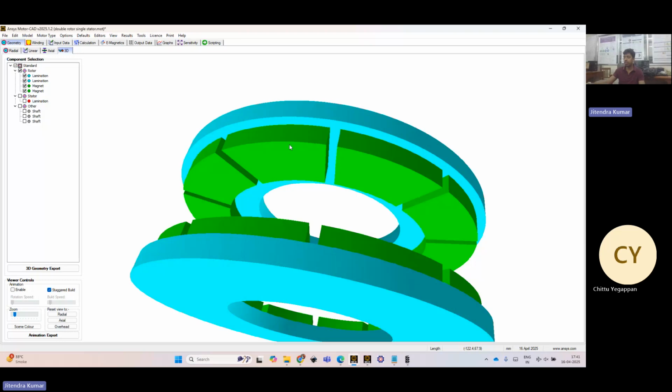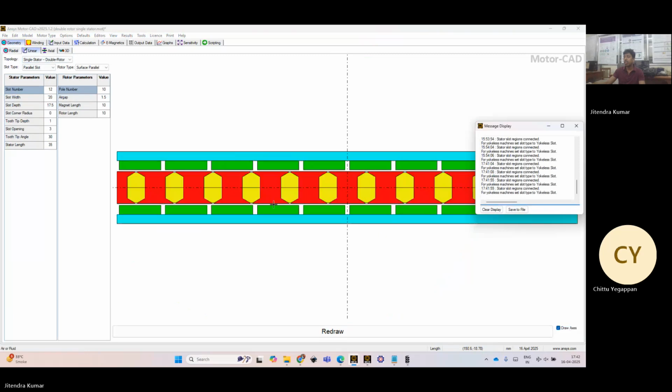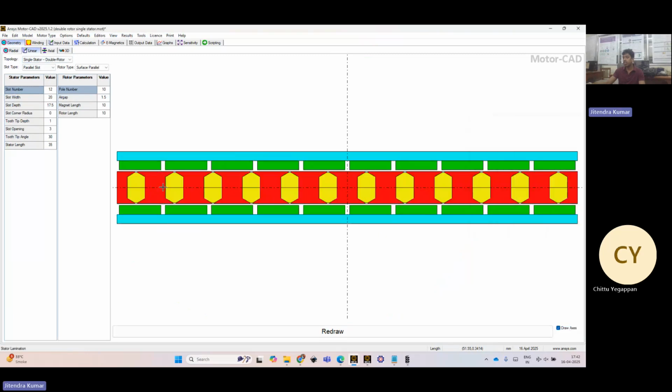Here they are also placed on the outer surface, but axially. This is the radial view, and this is the linear view of how they will look. This is a stator, rotor. Two air gaps will be there.